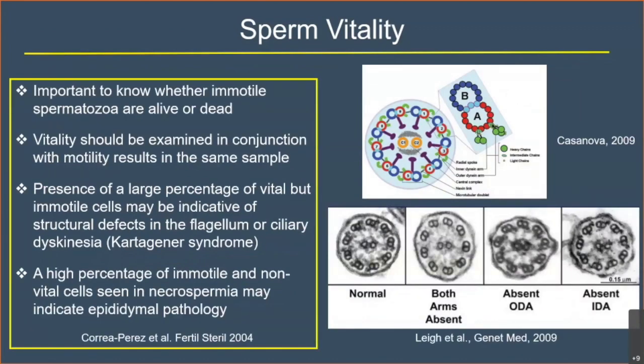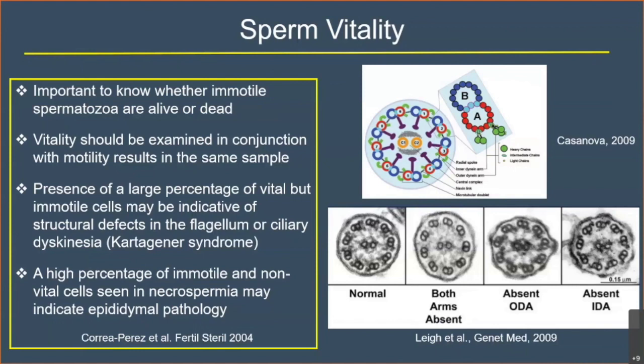It is important, as I mentioned, to know whether the sperm which are immotile are alive or dead. And this is examined after the motility has been done, and the presence of a large number of vital but immotile sperm may be indicative of structural defects in the sperm flagella, also called ciliary dyskinesia or Kartagener's syndrome. The image on the right top shows the 9+2 arrangement, which is seen for the cilia as well as for the flagellum.